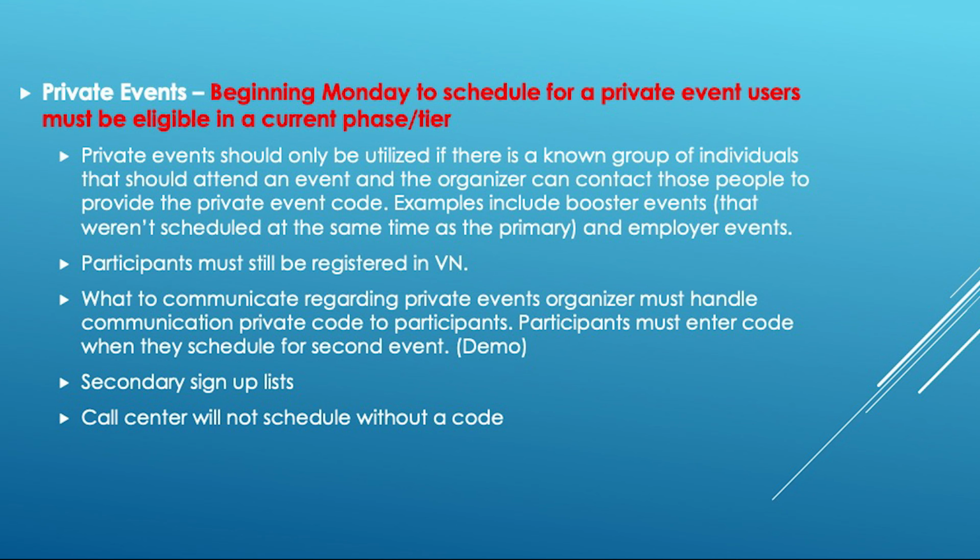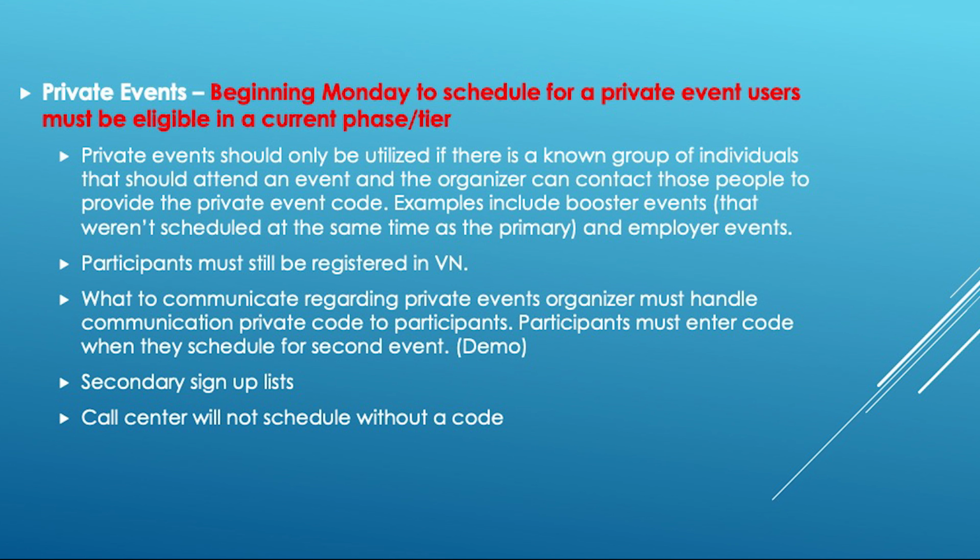Now, private events. When we first set this up, we set it up for employers. Private events were meant for employers who were vaccinating their work population. Initially it was open to anybody who had that private event code. We have evolved that private code to help us with those second dose events, so it has changed a little bit.